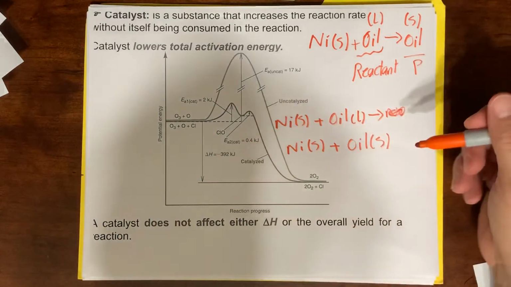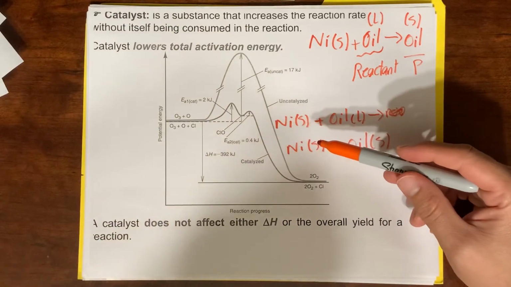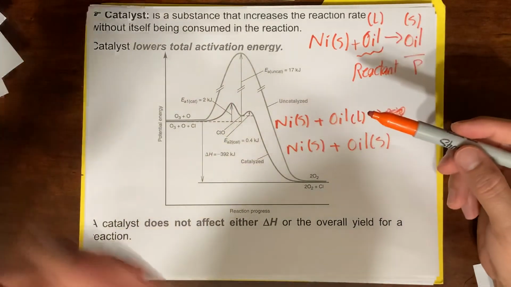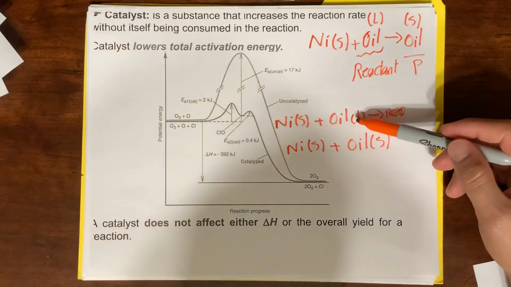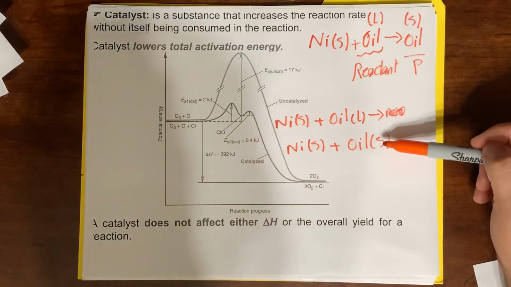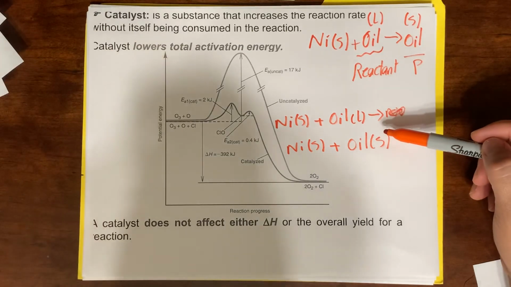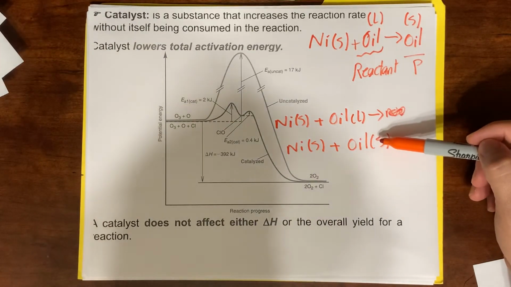So we used to do this one and use nickel, but because nickel is expensive, we had to come up with methods to recover it because it's not cheap. You can't toss nickel easily, and we used to transform liquid oil to a solid because it was better for keeping oil for a longer time.